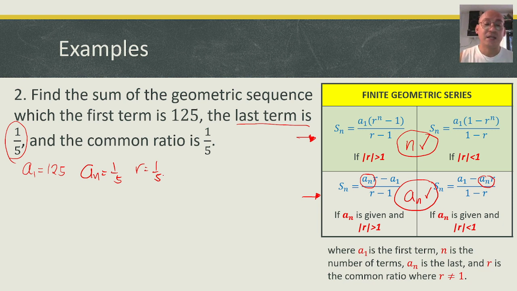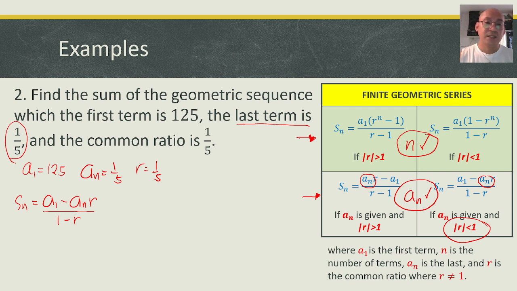Let's check the absolute value of the common ratio, which is 1/5, and 1/5 is less than 1. So we will now use the second formula for the second row, and that is S sub n is equal to a sub 1 minus a sub n times r, divided by 1 minus r.